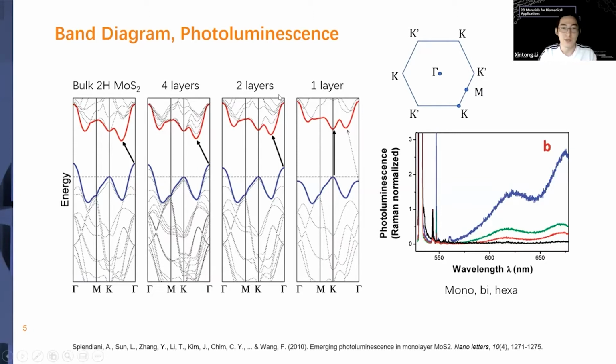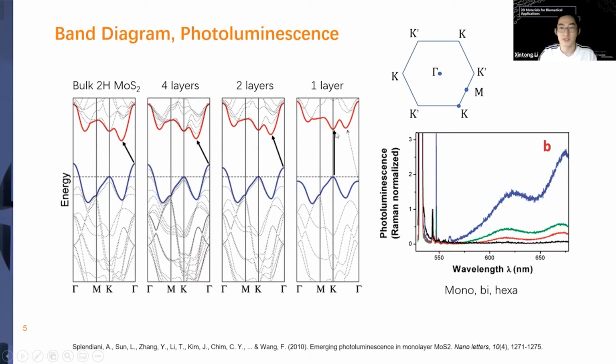And this band diagram really affects the electronic and especially the optical properties of a material. And this is just one example where we show the photoluminescence, or we call the PL spectra, of this 2H MoS2. And we can see this is for monolayer, bilayer, hexalayer, and bulk.